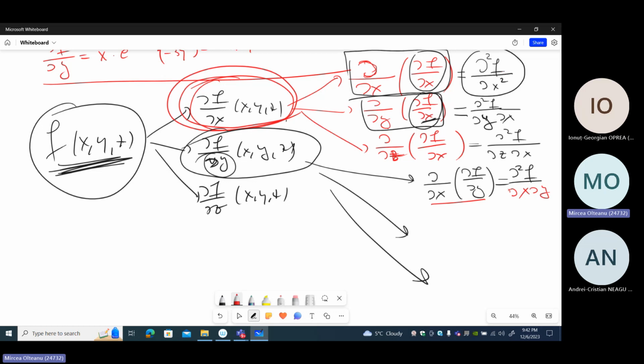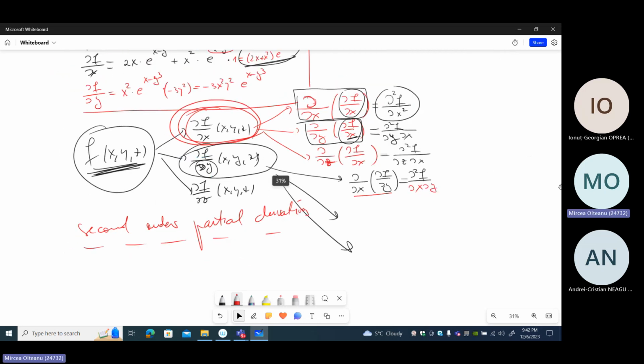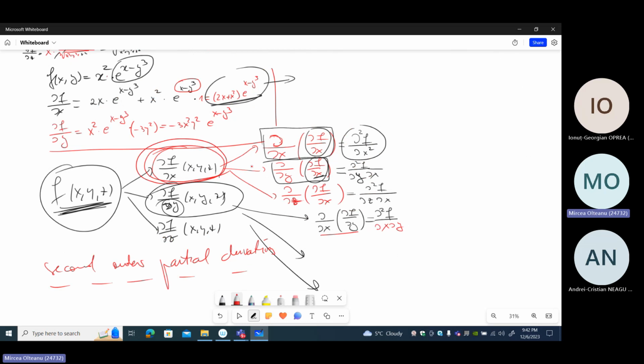These partial derivatives are called second order partial derivatives. And we can continue, of course, but the usual problems in calculus are solved by using the first order. These are called now first order partial derivatives, or simply partial derivatives.